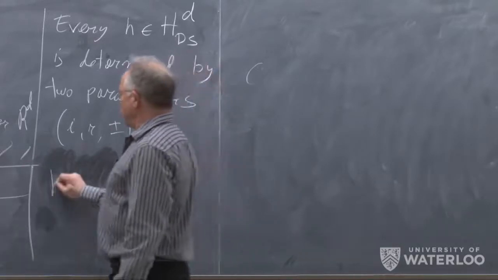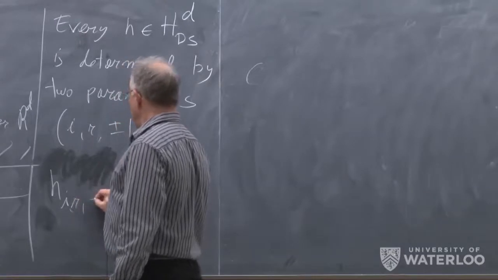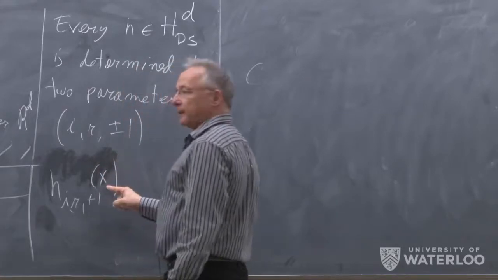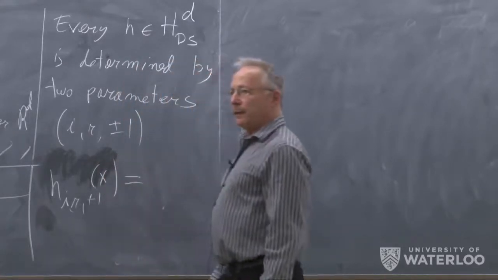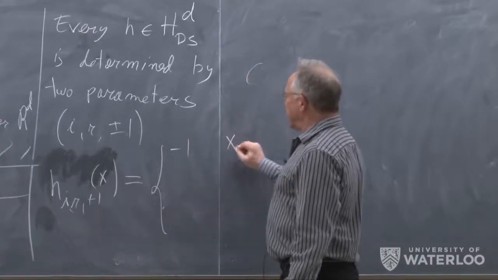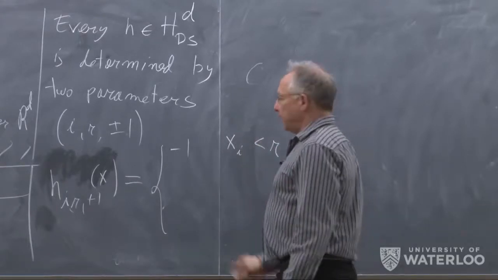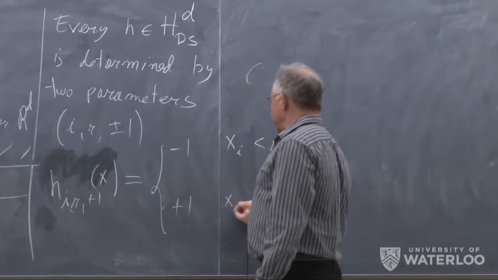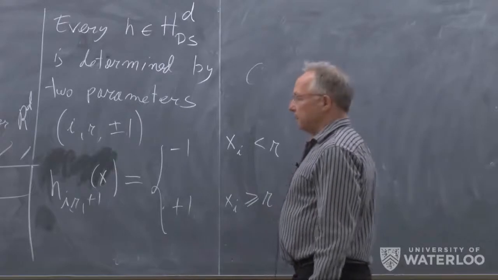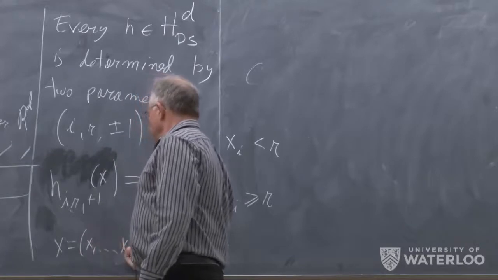And h_{i,r,+1} of a point x in R^D is minus 1 if the ith coordinate of x is below r, and it's plus 1 if the ith coordinate of x is above r, where x is x1 up to xd.